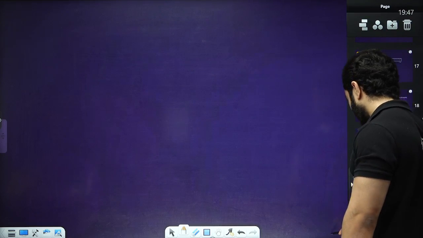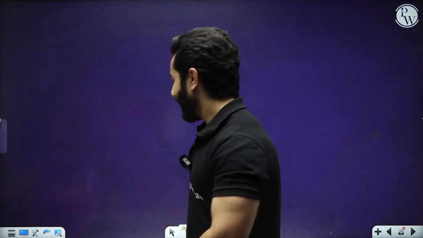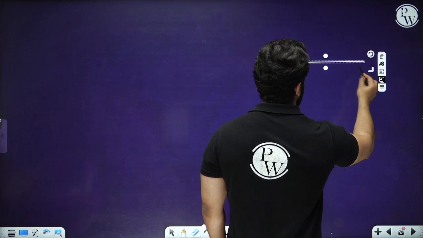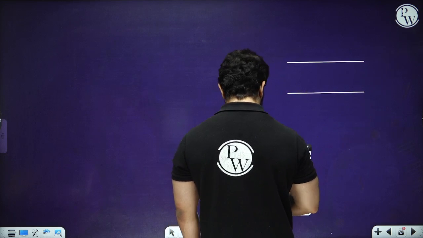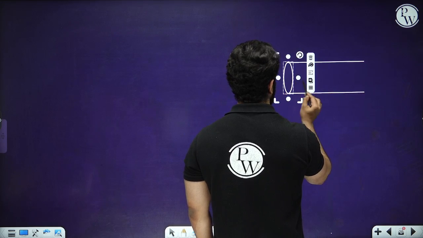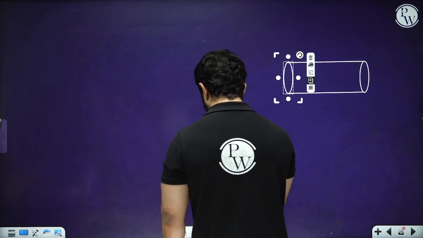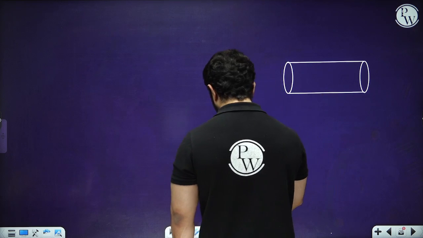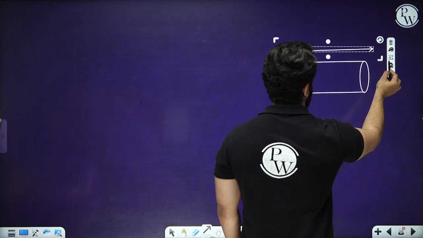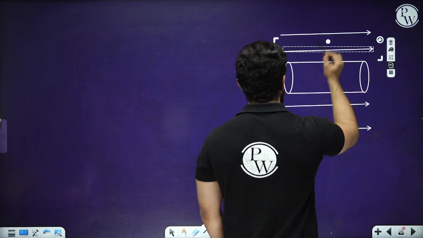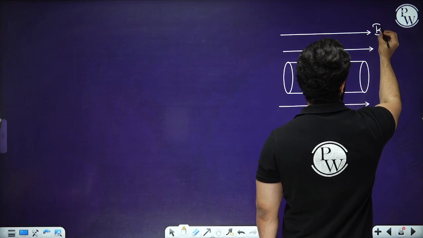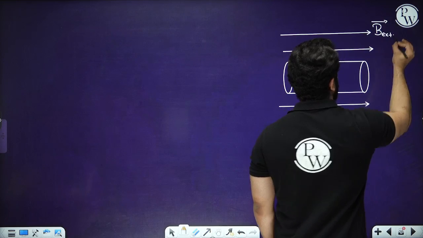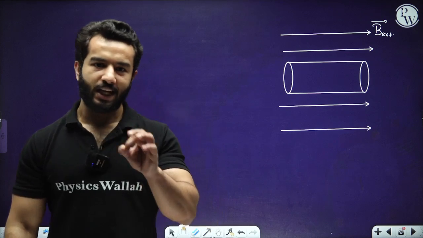Now before starting this particular part, let me say that we have got a solenoid over here, and let's suppose this solenoid is kept in some external magnetic field, and this external magnetic field is B. Right now, assume one case in which there is no material inside.